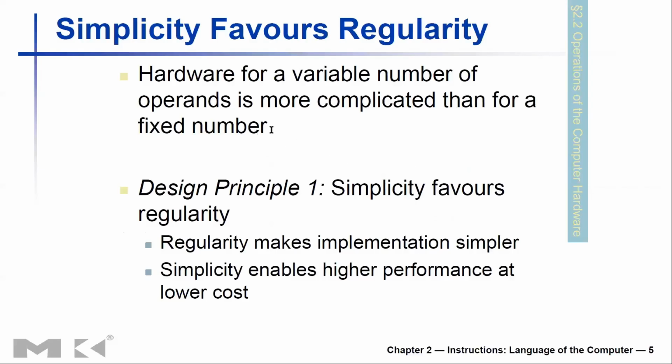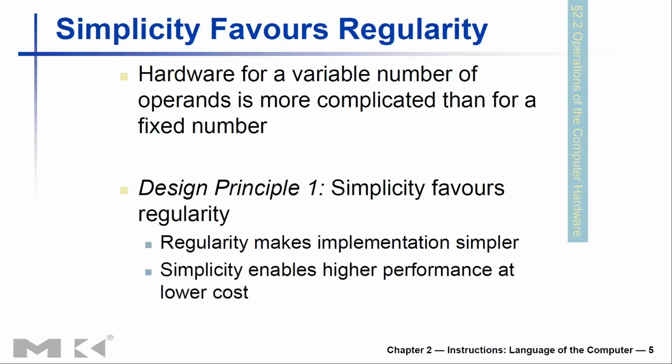So this uniformity, or the fixed number of operands, you can see in most of the assembly instructions. This is there to reduce the complexity of hardware. If you have simple hardware, then you can perform that operation with higher performance.